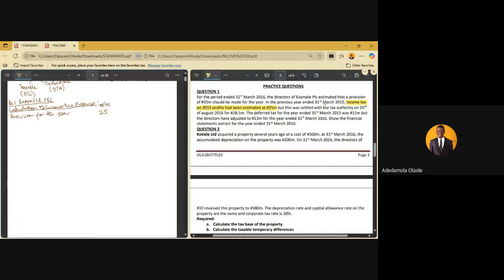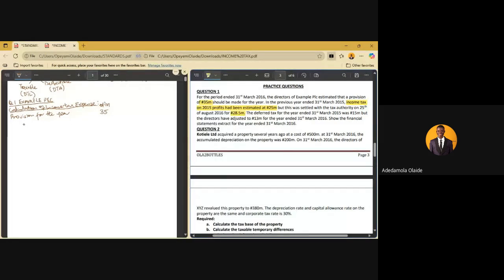They said they have estimated that the provision of 35 million should be made for the year. Sorry, it should be 35 million, in naira millions. Then what else? In the previous year, the income tax was estimated at 25 million, but they settled it with the tax authority for 28.5 million.